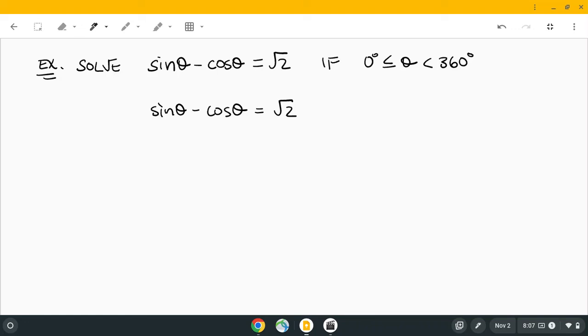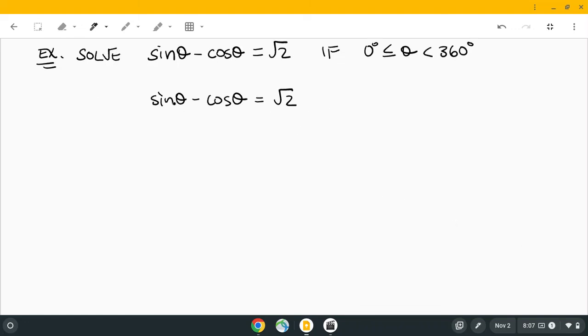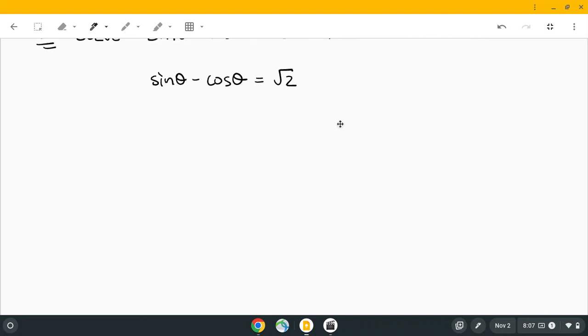This is going to be very similar to the last one. The initial step, we can't really do any rewriting of one or the other unless we introduce radicals, and who wants to do that, right?